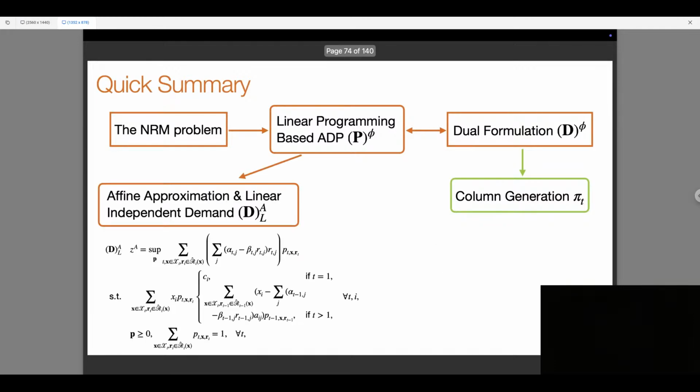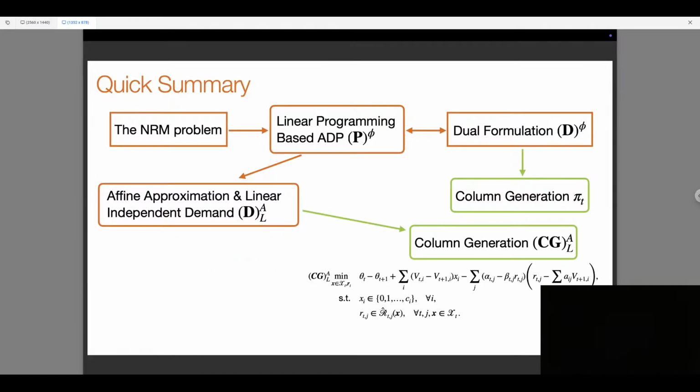Also, we introduce the affine approximation and the linear independent demand assumption to get a DAL formulation. For the DAL, we firstly have the column generation CGAL that could already solve it, but it is nonlinear, so quite difficult.